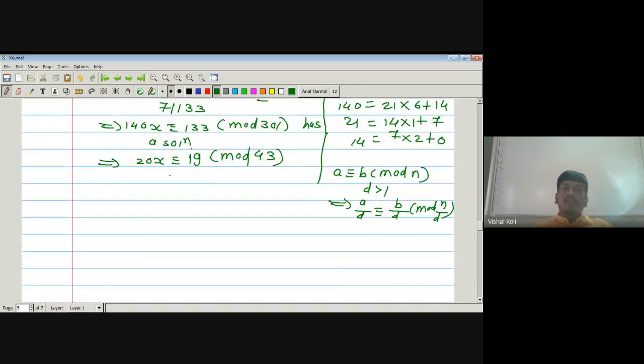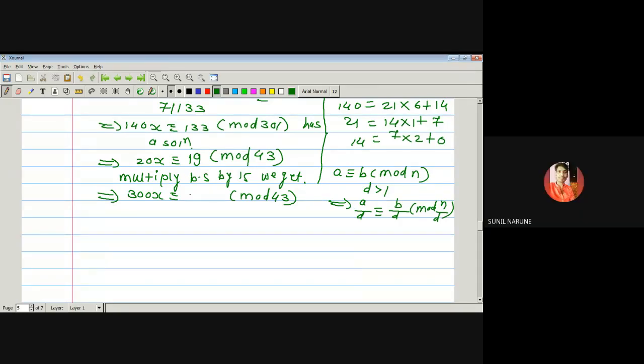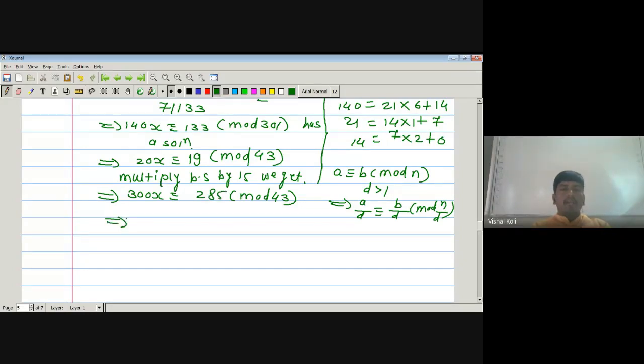Just multiply both sides by 15. We get 300x congruent to 19 into 15, which is 285. Now, what is 300 modulo 43? 43 into 7 is 301, so 300 is minus 1, giving minus x congruent to 285 modulo 43. What is 285 modulo 43? The remainder is 27.